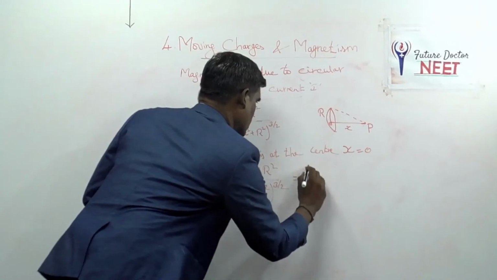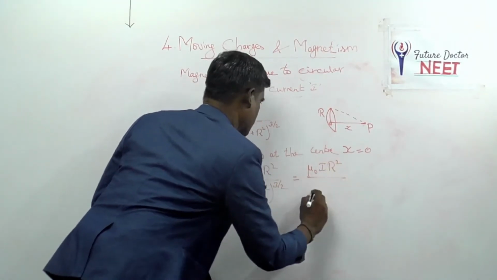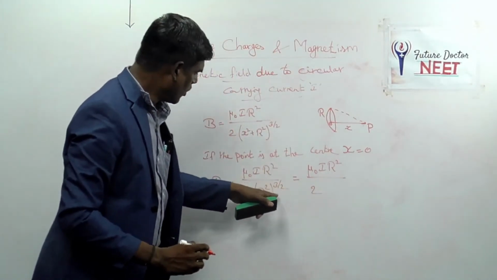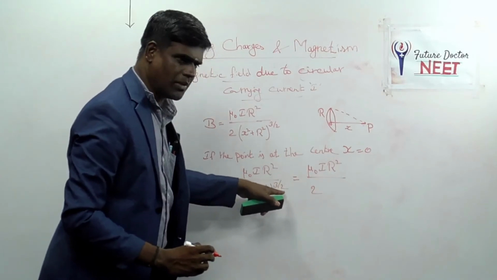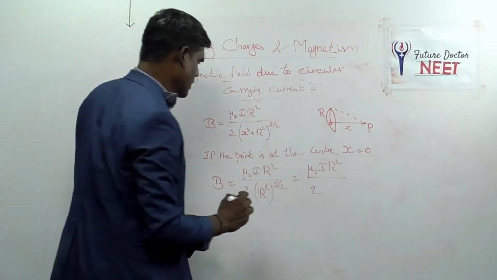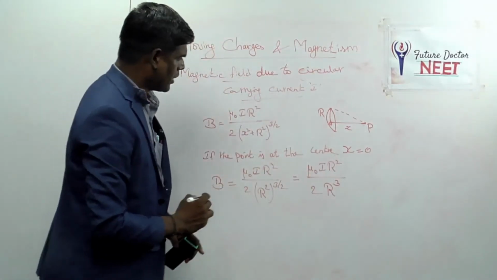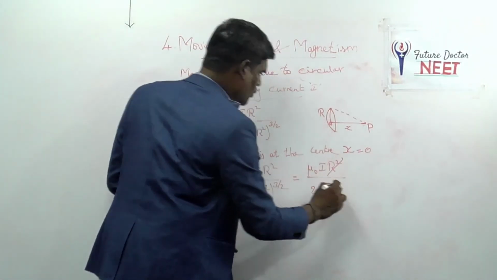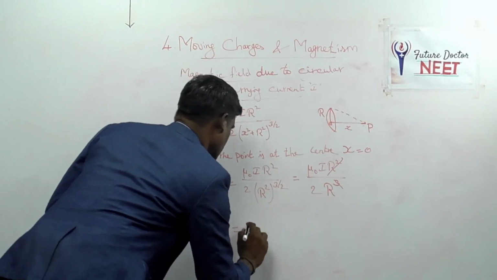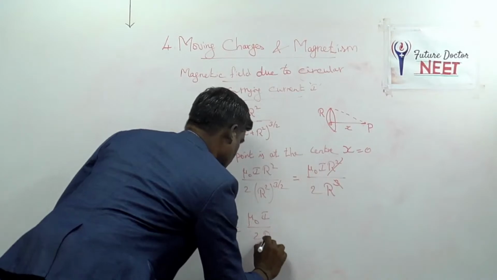Then mu naught I R square divided by 2 into R square whole power 3 by 2. So the square and square root get cancelled. Then 2 into R cube. Then R square and cube get cancelled. Then B equal to mu naught I by 2R.